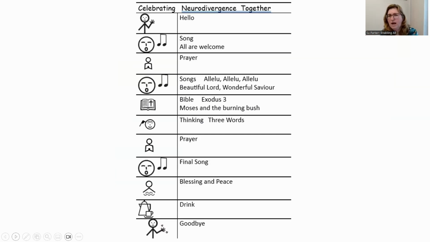Also, I talked about a social story, which we prepared and was available to have. Again, it could be something downloadable. These are used by people that normally have learning difficulties or need a structure of what's going to happen when they get there.